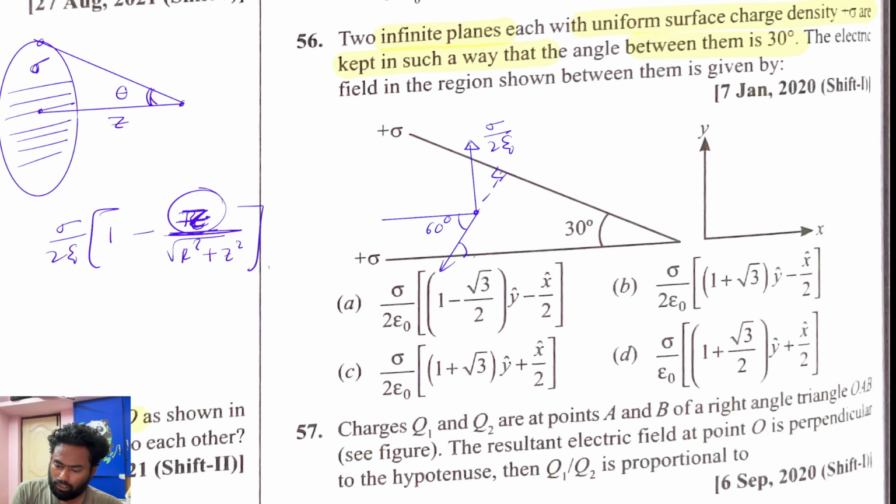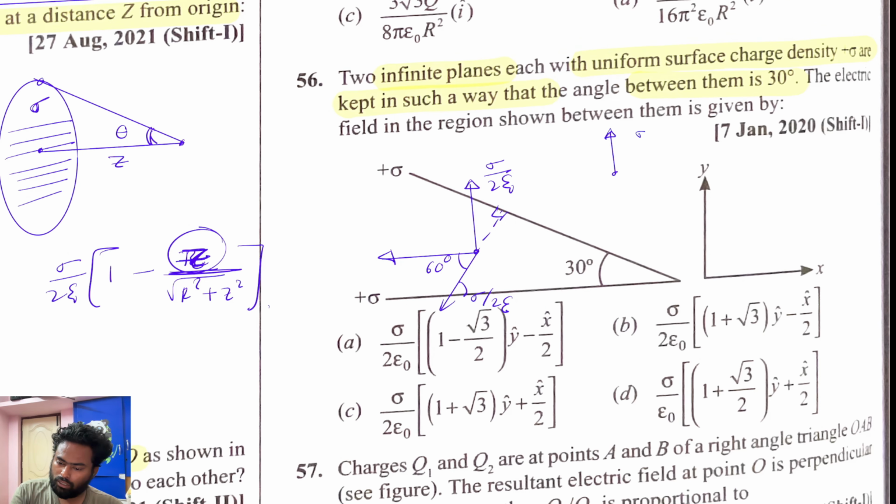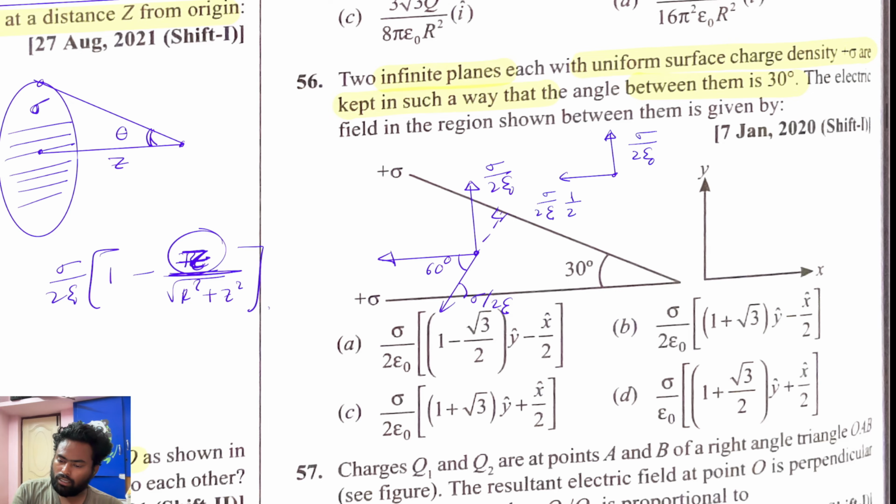So we got the electric field now. It is sigma by 2 epsilon naught. Take the component in this direction. Let me draw it separately. So the upward component is sigma by 2 epsilon naught. Now this component will be sigma by 2 epsilon naught into cos of 60, and cos 60 is sine 30. And this one will be sigma by 2 epsilon naught sine of 60 degree, which is root 3 by 2.